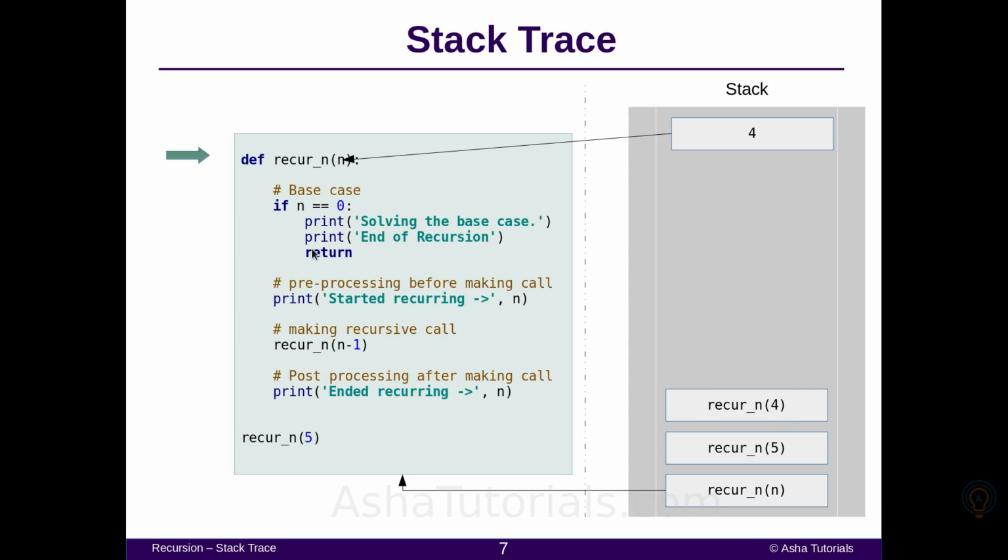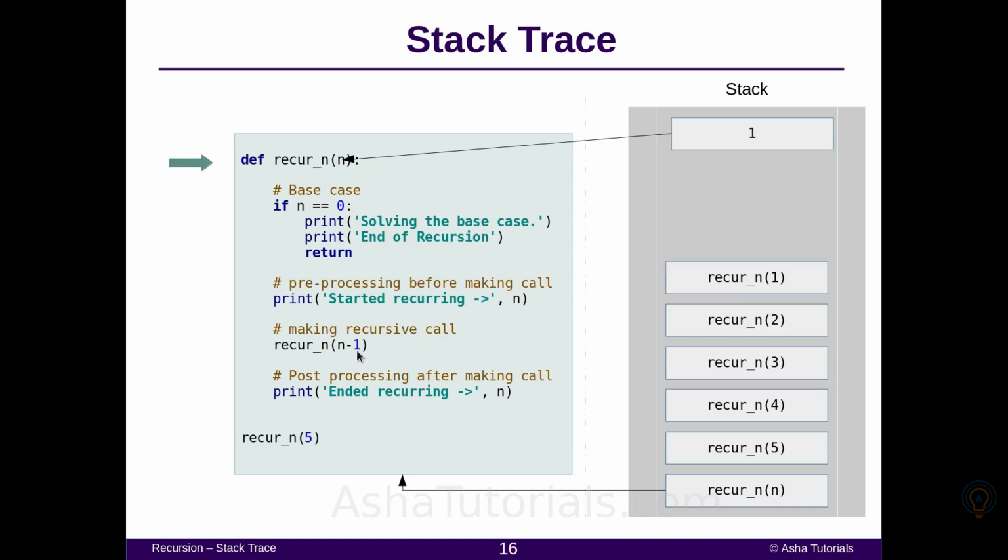This is the execution of the recursion with n equal to 4. It will check if it is a base case, no, so it will pre-process and again recur, calling recur(n) with value 3, and this will continue until we reach the base case, which is n equal to 0.